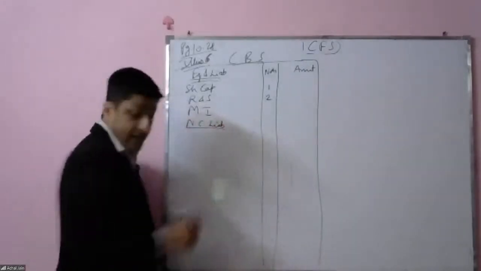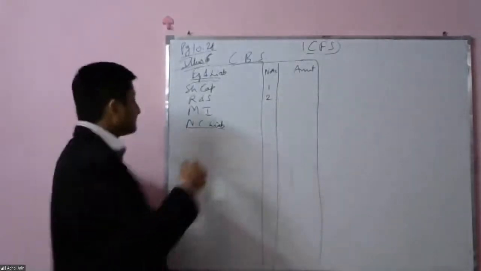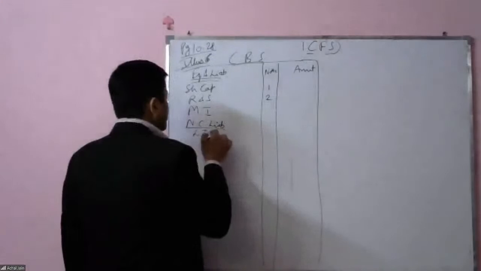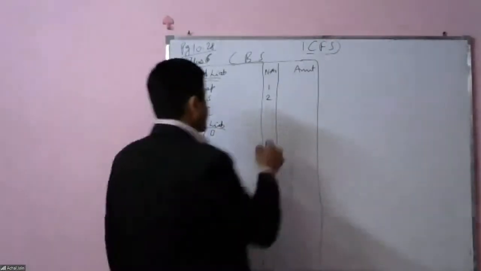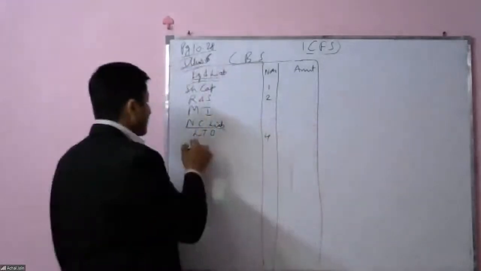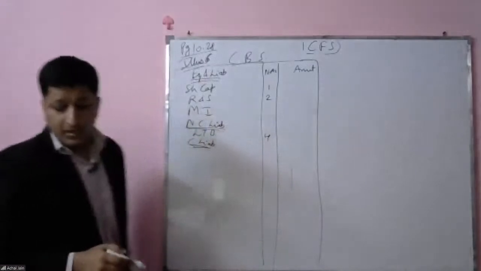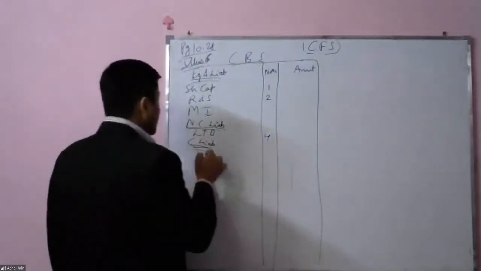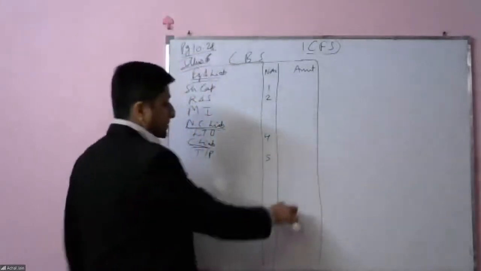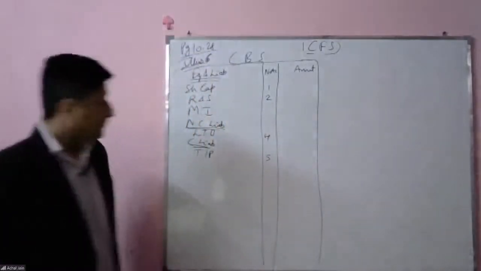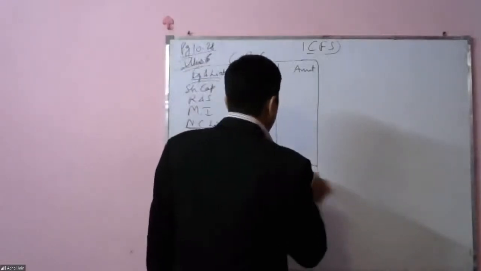On the non-current liabilities, we see in the balance sheet long-term borrowings, for which we can give the reference again. Then we have current liabilities. On the current liabilities, we have trade payable, which is note number 5 for our purposes. Then of course we can give the total over here.